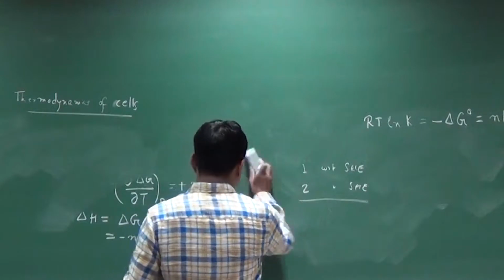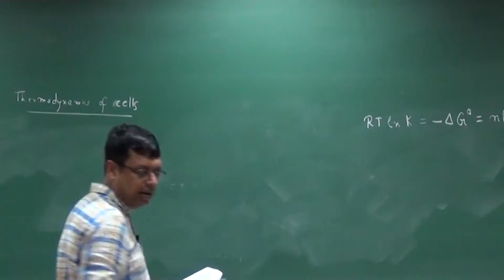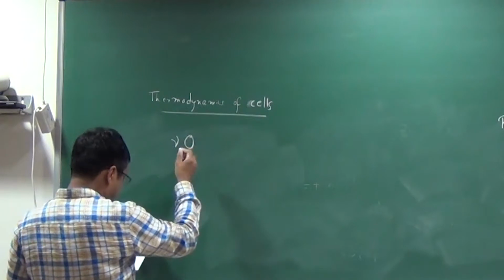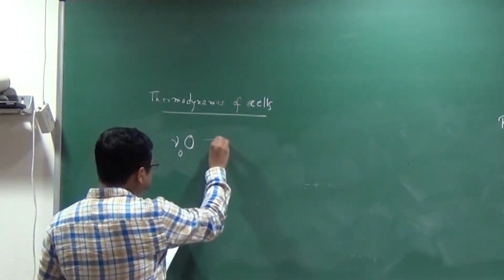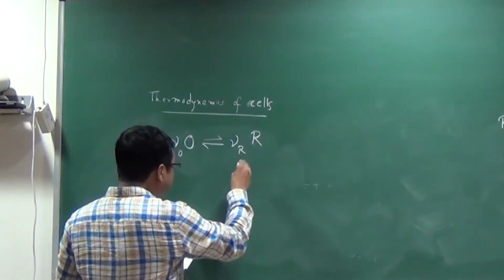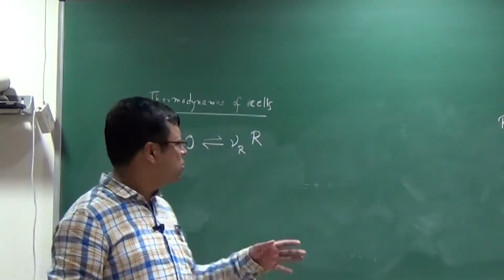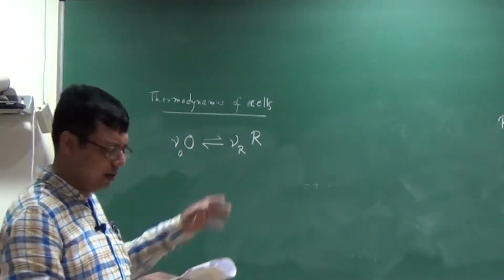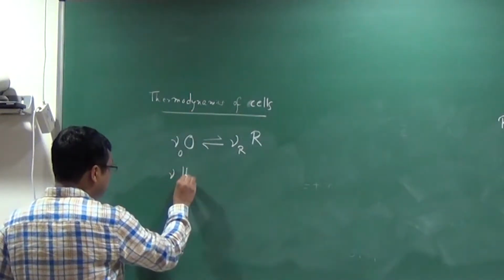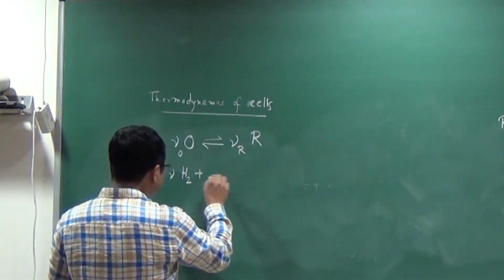Now, these are all known to you actually, so I'm basically recapping. Suppose I'm just considering a general reaction, and you can take any example, like say for example I have hydrogen.